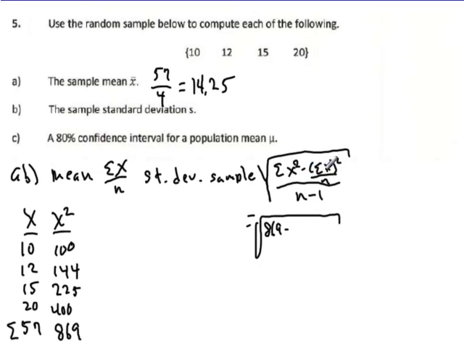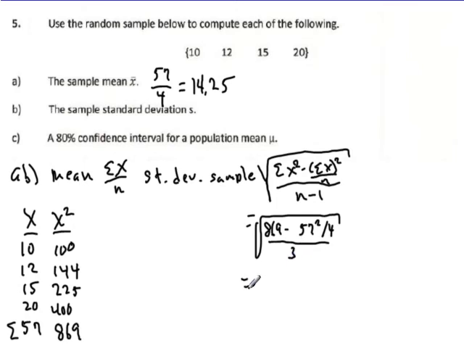Now we'll subtract the sum of x squared. Notice this does have parentheses. You do inside the parentheses first. In other words, we should put the total where we had added first. In other words, second, we put the total from the first column, 57. And then square it over n, which again is 4. The whole thing still under the square root, divided by n minus 1, which is 3.